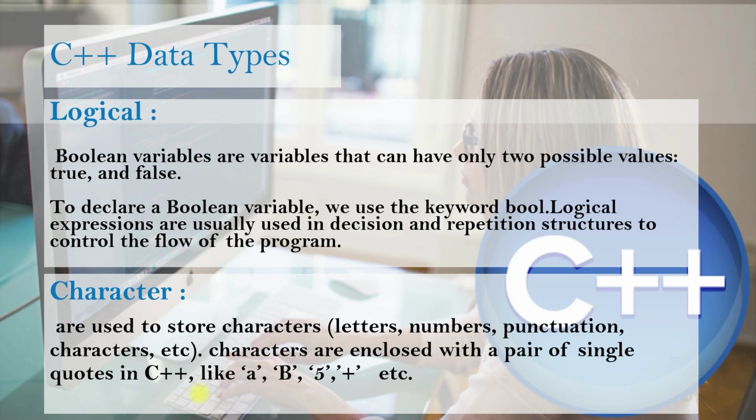Okay. Characters are enclosed with a pair of single quotes in C++. Whenever you want to give a value to a character data type variable, you have to write your value inside single quotation marks, not double quotation marks.